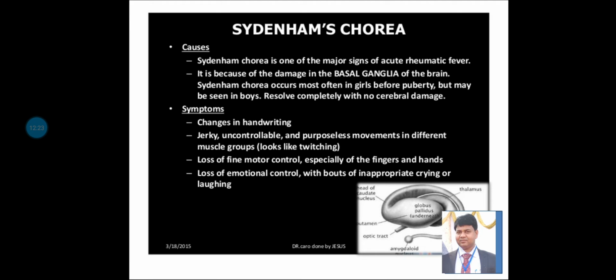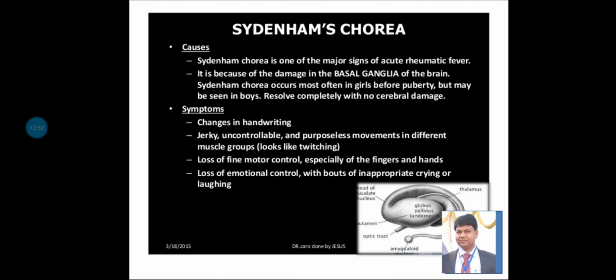The second one is Sydenham chorea, or simply the involvement of the CNS, which produces a particular type of lesion: involuntary, purposeless, jerky movements, called chorea. Sydenham chorea is one of the major signs of acute rheumatic fever. It is because of damage in the basal ganglia of the brain. It occurs most often in girls before the age of puberty, but may also be seen in boys.